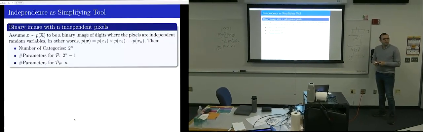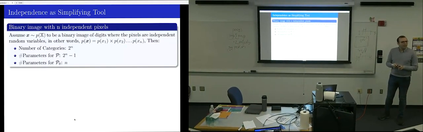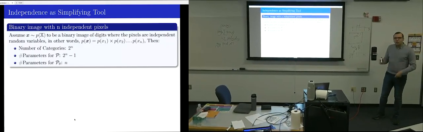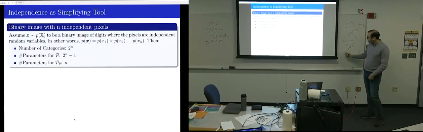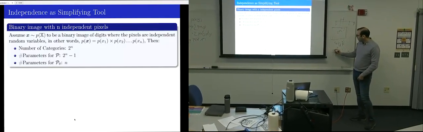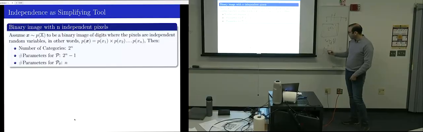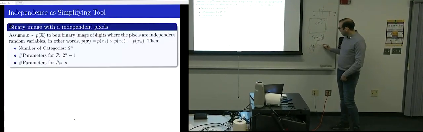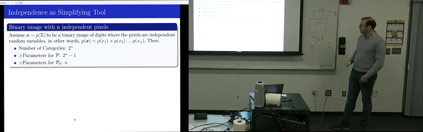What happens if I assume this? How does the number of parameters change? You just need one parameter to model this one. I call it beta 1. One parameter for this one, and one parameter for this one.